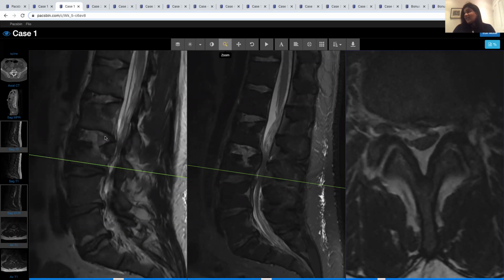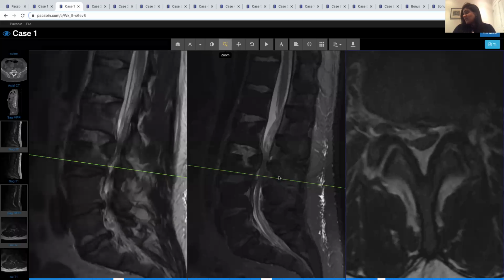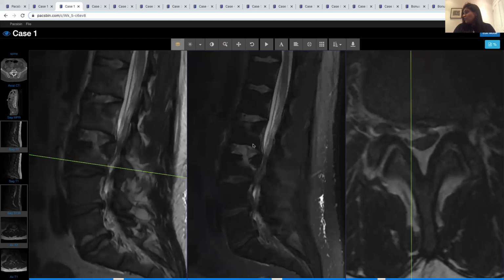We can see that there's evidence of discal disruption with herniation of disc content into the fracture site. Another interesting finding from this is that we can see evidence of epidural hematoma within the anterior epidural space, which is extending caudally from the level of the fracture.